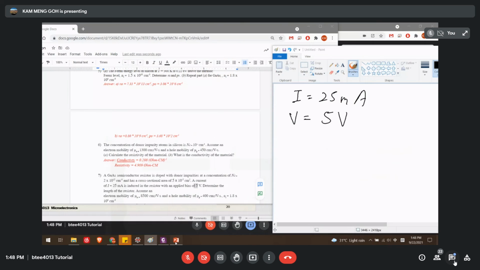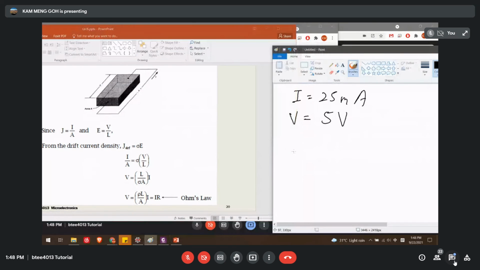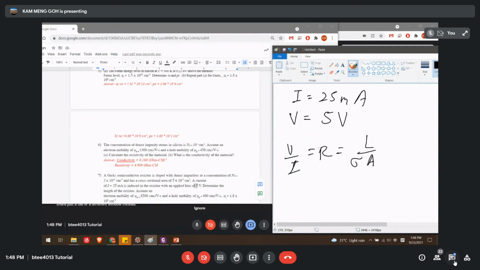And then V divided by I will be equal to R, which is L over σA. So he asked you to find the L.